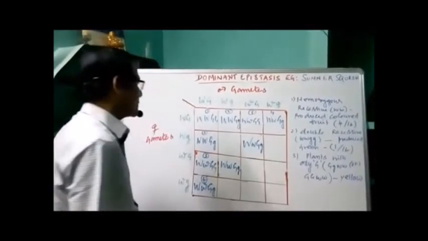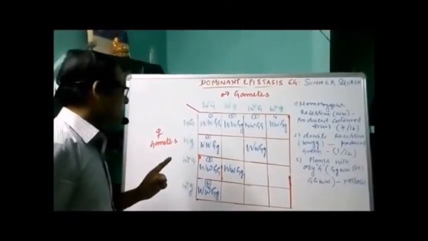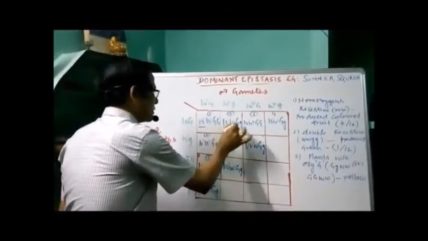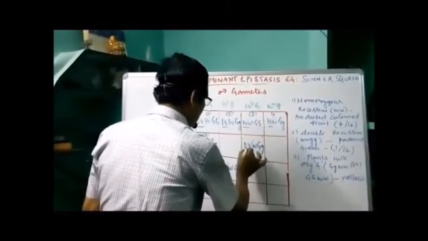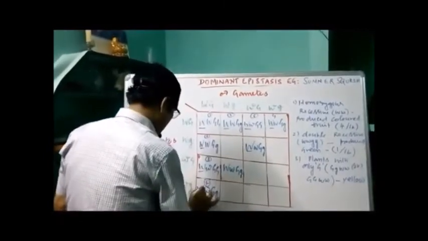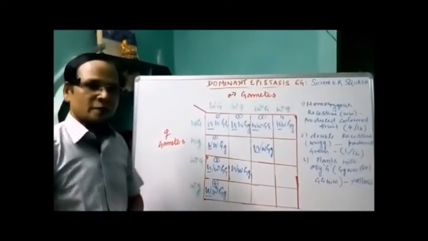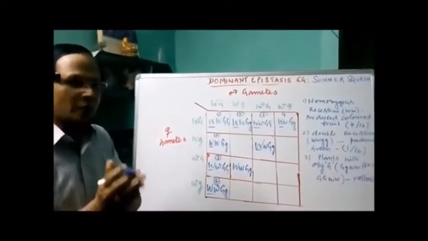So now we have a C. At least one dominant gene is enough to produce the white color. So here one is enough, one is enough, one is enough, here also one is enough. In all these cases, one dominant gene, the allele W, is present, and that is enough to produce a white color.